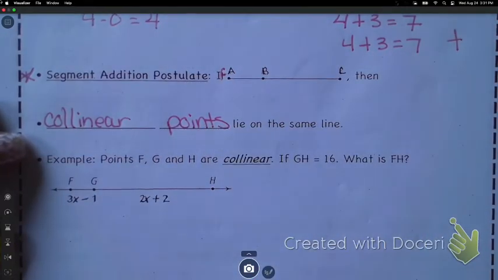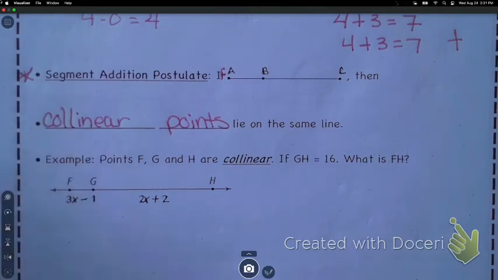So we need to talk about what collinear means. If I'm co-champion in a tournament, or if I'm co-president of a club, what does that mean? Well, no. If I'm co-champion or co-president, am I second? No. There's just 2 of you.